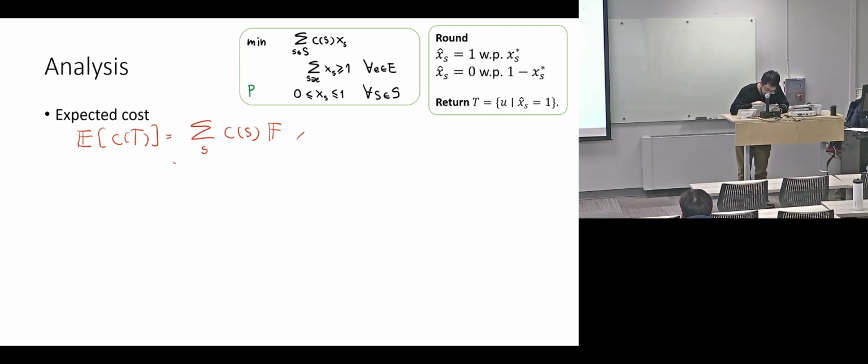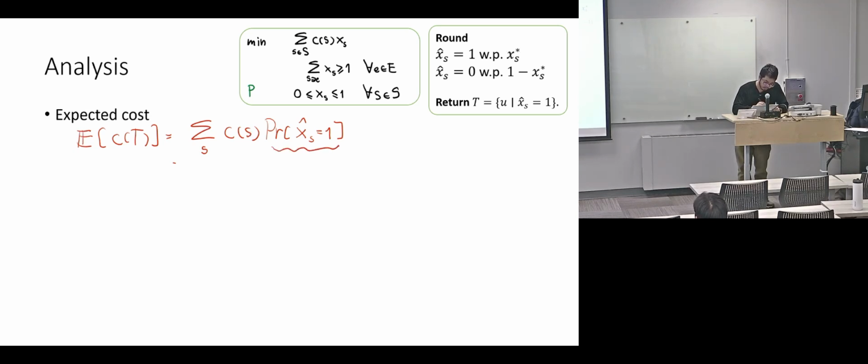Let me just write the probability that we choose it, that x hat S equals 1. This is the expectation of our cost.